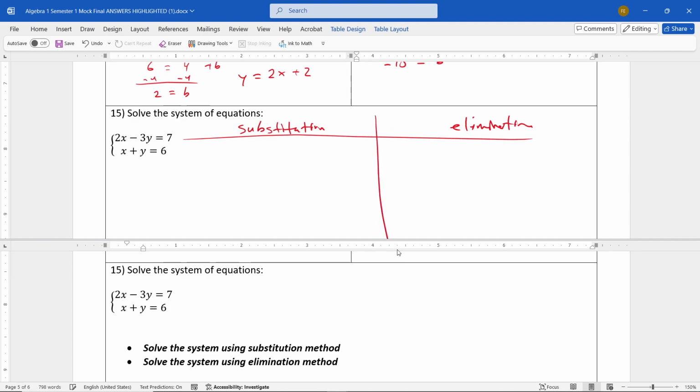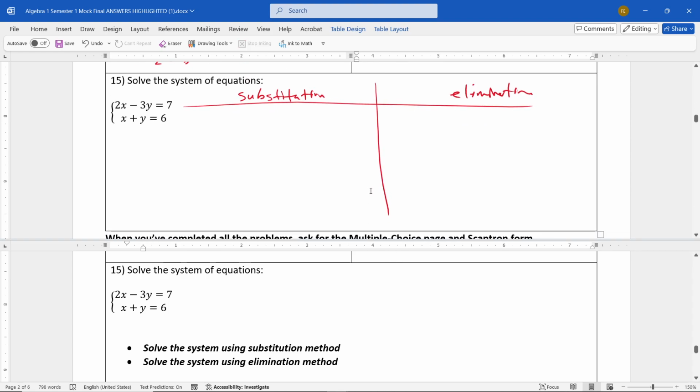Okay, let me write down the equations over again. So for substitution, let's just start with the original problem. 2x minus 3y is 7, and then x plus y is 6. Same thing over here. I just need to rewrite the problems.